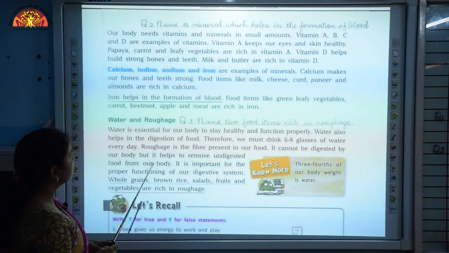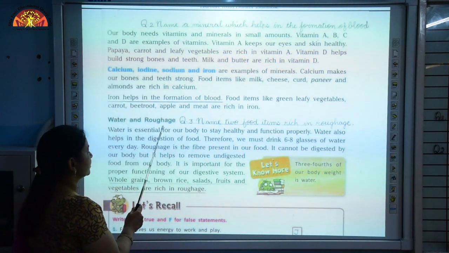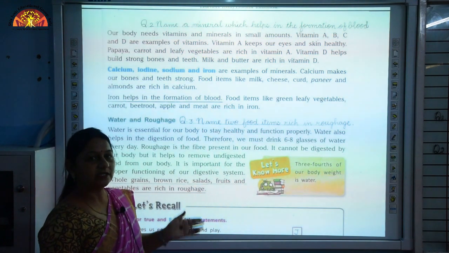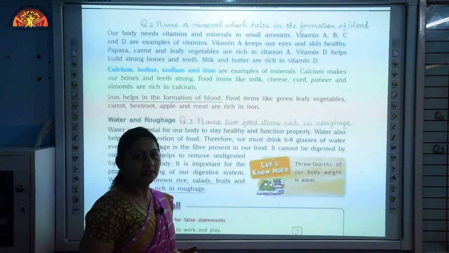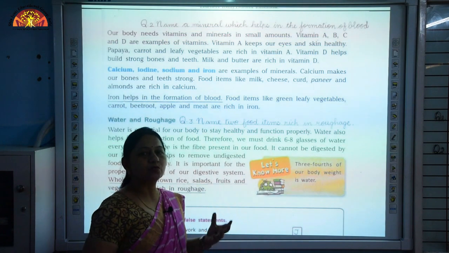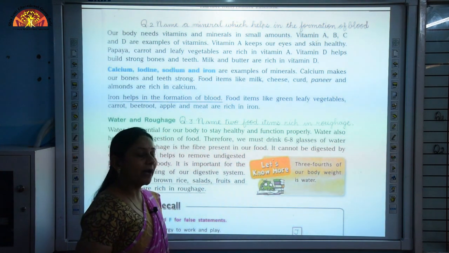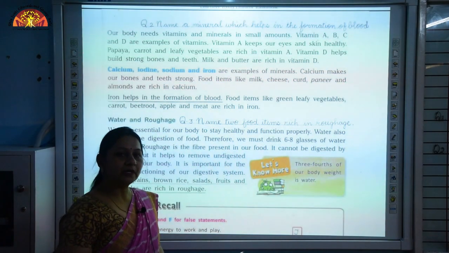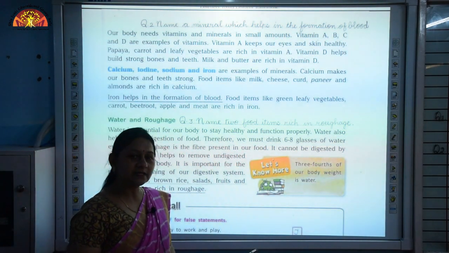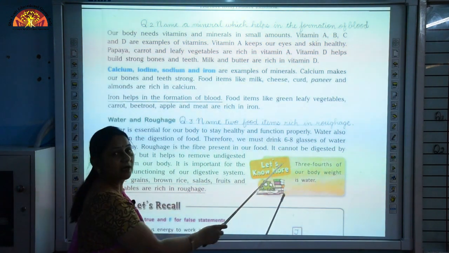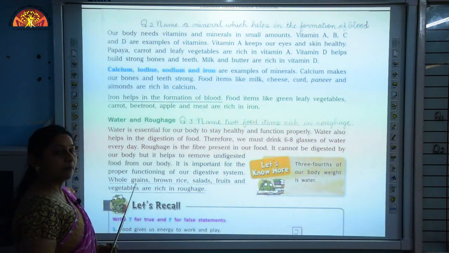Now, our next topic is water and roughage. Along with carbohydrates, fats, proteins, vitamins and minerals, our body also requires water and roughage. Water is required by our body for the proper functioning of the digestive system. At least 6 to 8 glasses of water are required by our body.